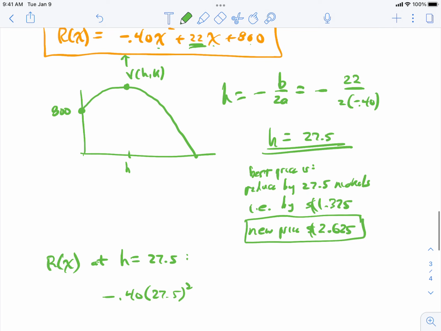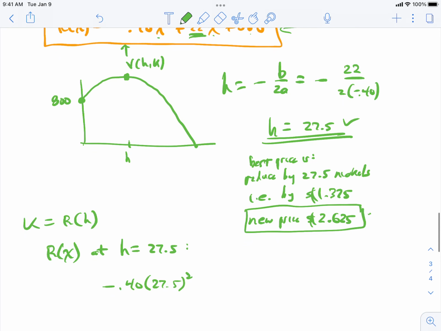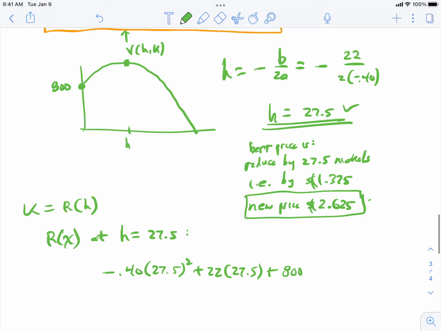Remember, to get the k, you're going to plug the h in. You just got the h over here. You plug that in to get your k, which is going to represent your maximum revenue. So negative 0.4 times the 27.5 squared, plus 22 times the 27.5, plus 800. What does that come out to be?